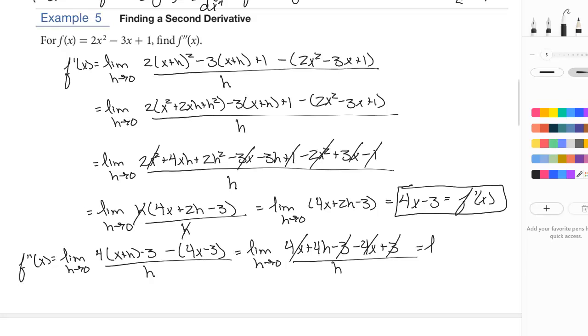Cancel things. So we have the limit as h goes to 0 of 4h over h, which is the limit as h goes to 0 of 4, and that's just going to be a 4. So there's my value for the second derivative.